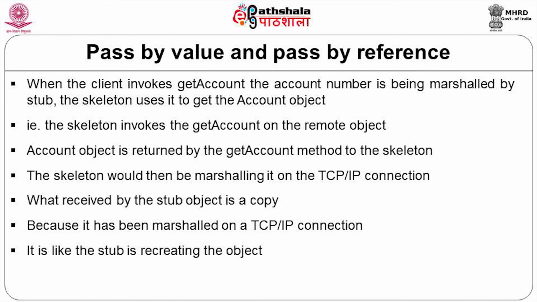The account object is what is returned by the getAccount method to the skeleton. The skeleton would then be marshalling it on the TCP/IP connection, and what is received back by the stub object is a copy, because it has been marshaled on a TCP/IP connection. So it's like he is recreating the object.